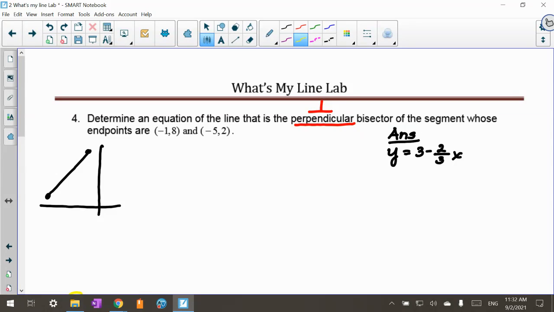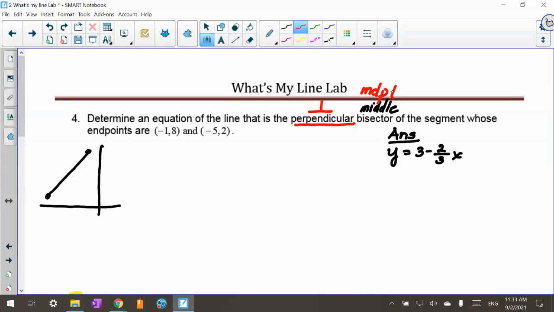Now they want the equation of the line that is the perpendicular bisector. Perpendicular, we just talked about, forms a right angle, and the slopes are negative reciprocals. Bisector means it cuts it in half, or goes through the middle, so we're going to use our midpoint formula.